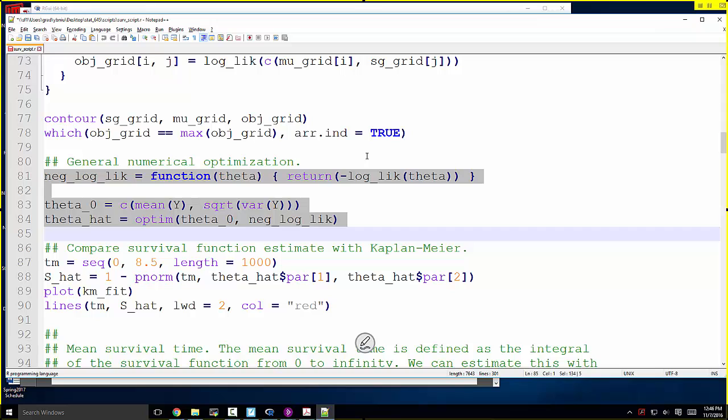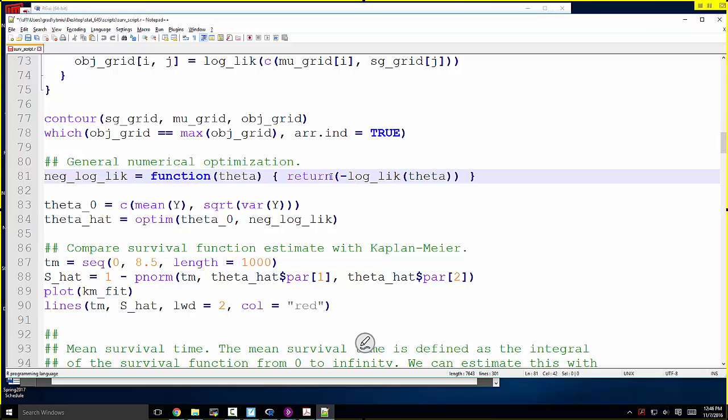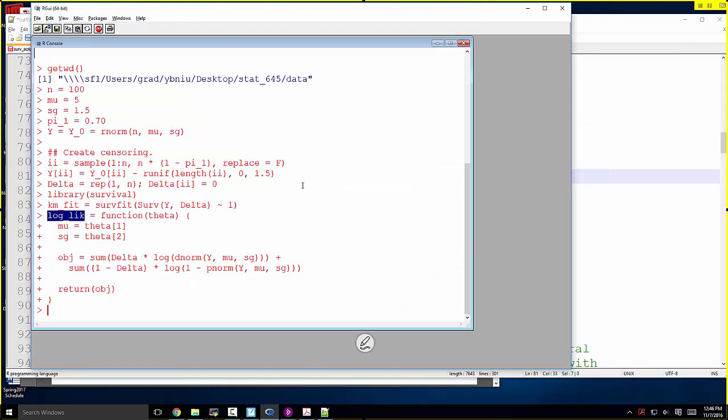Yep. Why do you have return? Right here. This actually could be gotten rid of. If you create a function like f is a function of an argument x, and maybe inside this x is x times 2 minus 4, and you want to return that value of x.